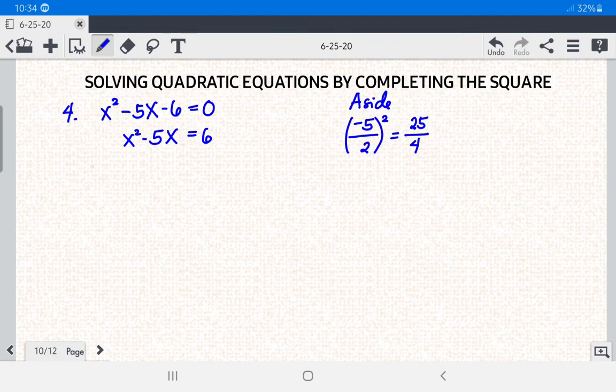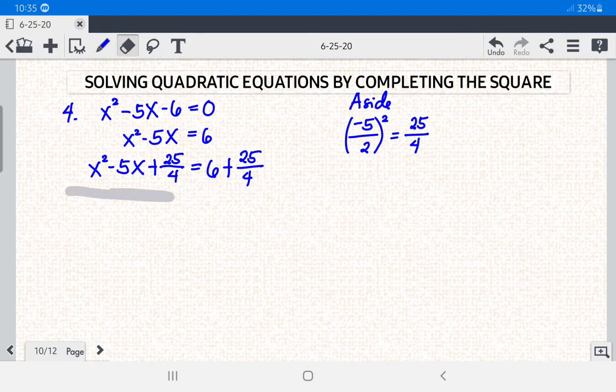So we have x squared minus 5x plus 25 over 4 equals 6 plus 25 over 4. The next step: since the left side of the equation is already a perfect square trinomial, you have to factor that.